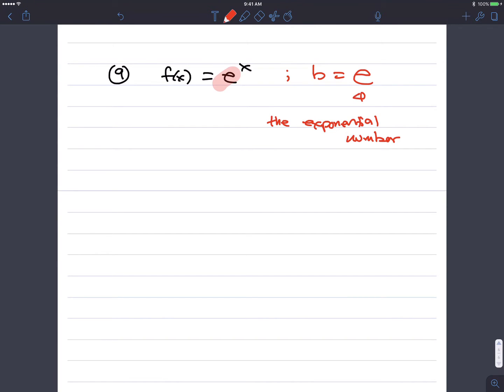E is irrational. What does that mean? It's written as a decimal that's non-terminating, goes on forever, and there's no pattern to the decimals. Pi is another example of an irrational number, so is e. E is probably the second most popular example of irrational numbers. Maybe not the second, maybe about third. Could be argued.